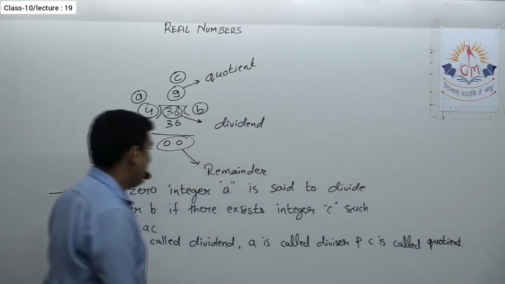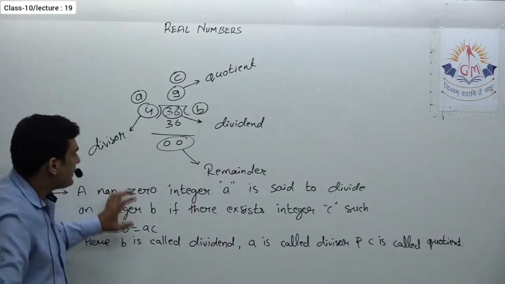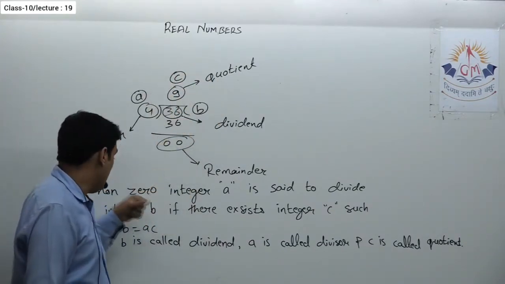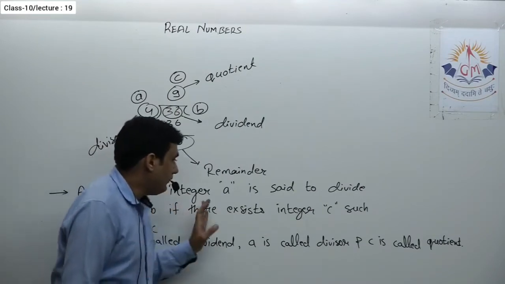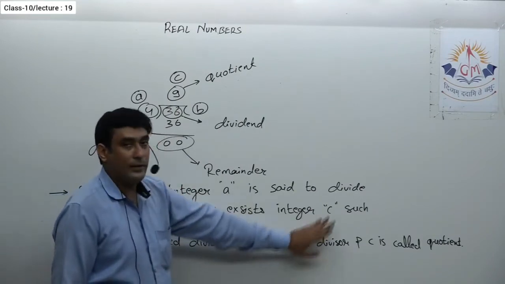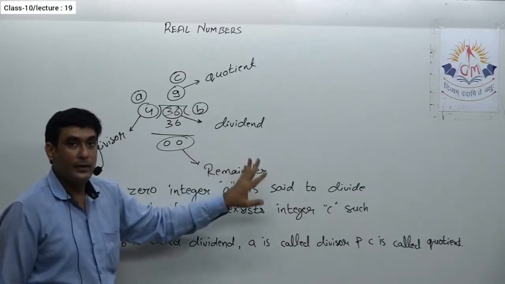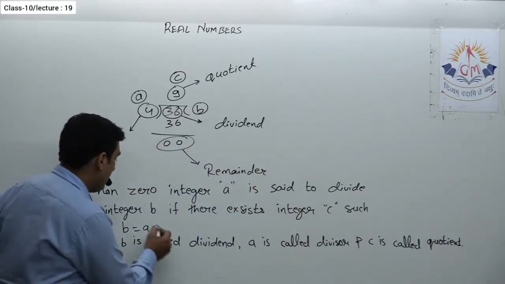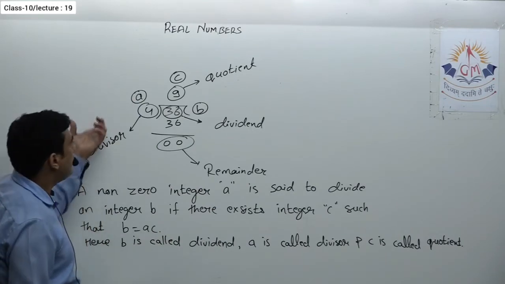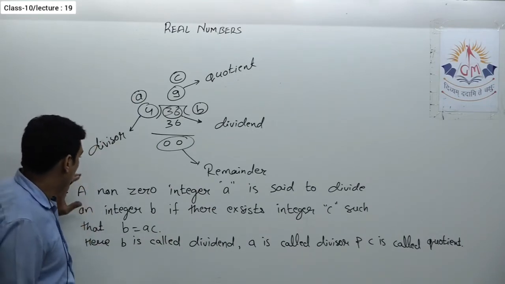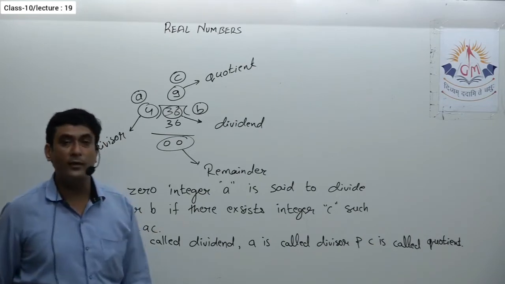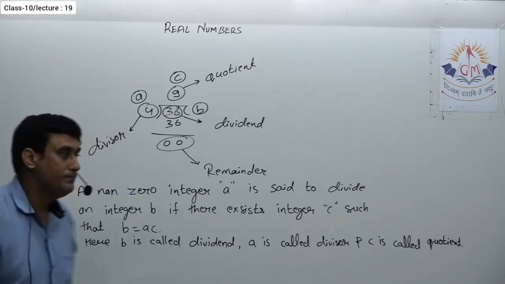Okay, so I hope this is clear to you. See, this is just a revision. We already know this thing, but in this chapter we frequently use these terms, that is divisor, quotient, dividend. That's why it's like revisiting this algorithm. So note it down, then I will give one more point related to this and then we'll proceed in this chapter.